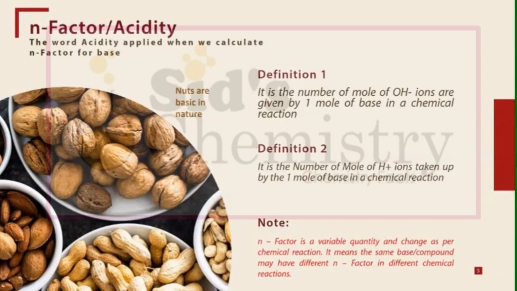It is the number of moles of H plus ions taken up by 1 mole of base in a chemical reaction. Dear friends, it is very important to note that n factor is a variable quantity and it changes as per the chemical reaction. It means that the same base or compound may have different n factor depending on different chemical reactions.